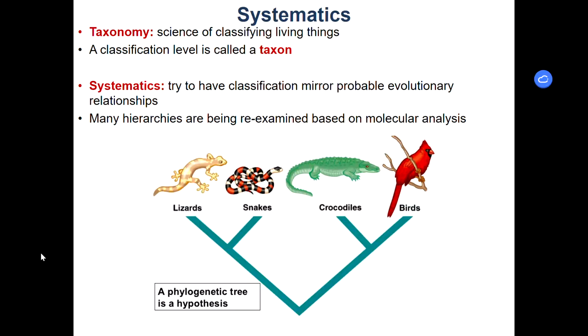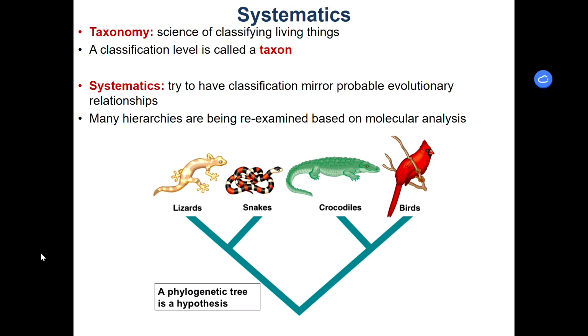Right. Systematics is what we do with taxonomy. So we take taxonomy, we're classifying these organisms based on characters, and then systematics tries to take those characteristics and mirror the probable evolutionary relationships between these organisms. This is a very old science of trying to classify organisms as being closely related to each other.